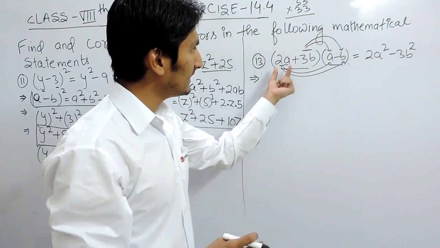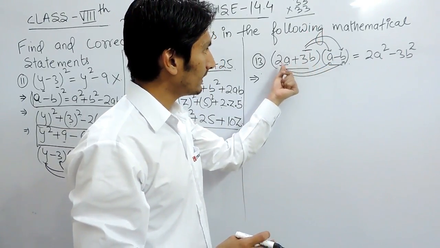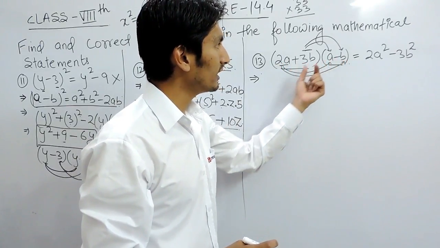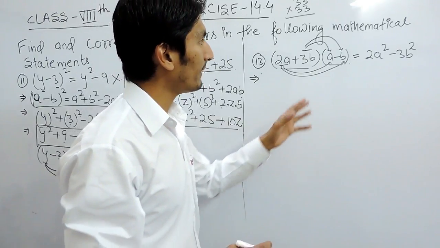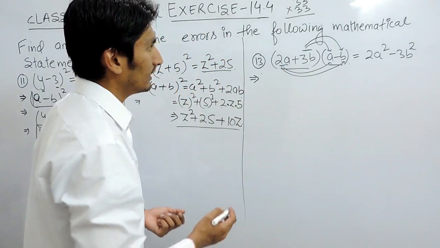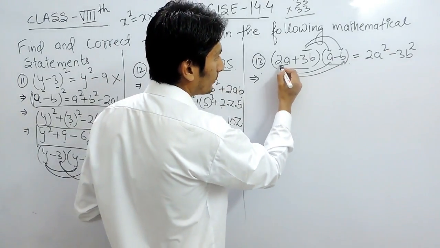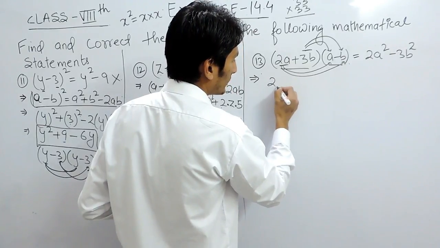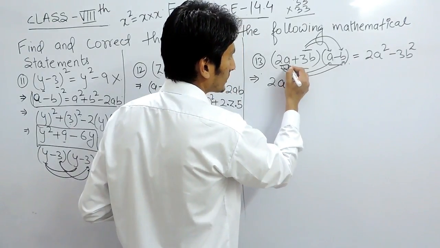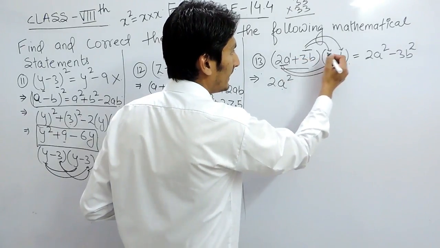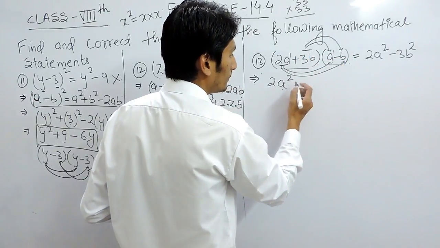Here also, these are two terms, and these are two terms. If you want to solve, you have to multiply each term with the other. So I have to multiply 2a with a. 2a multiplied by a should give 2a square, because bases are same, so powers are added: 1 plus 1 is 2.